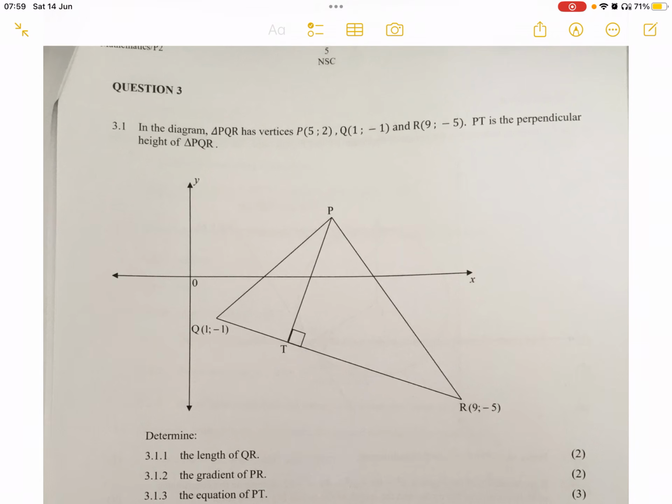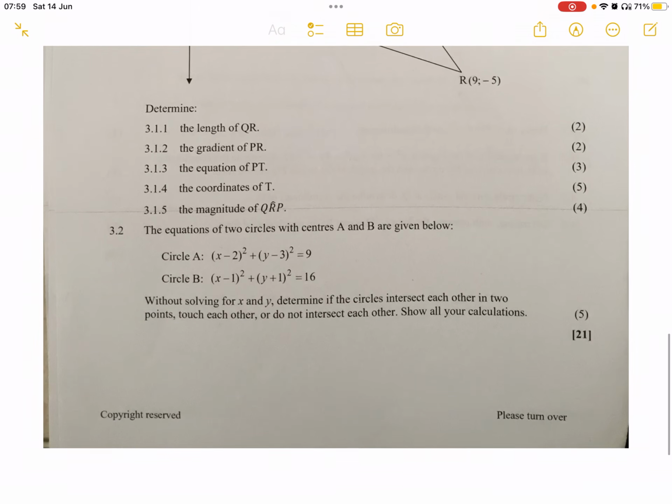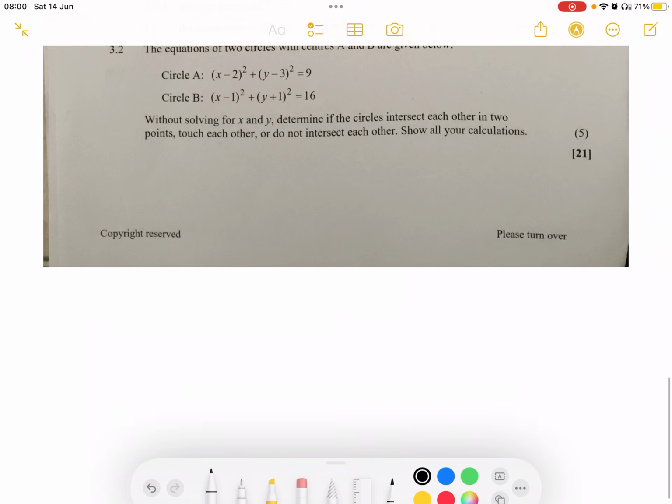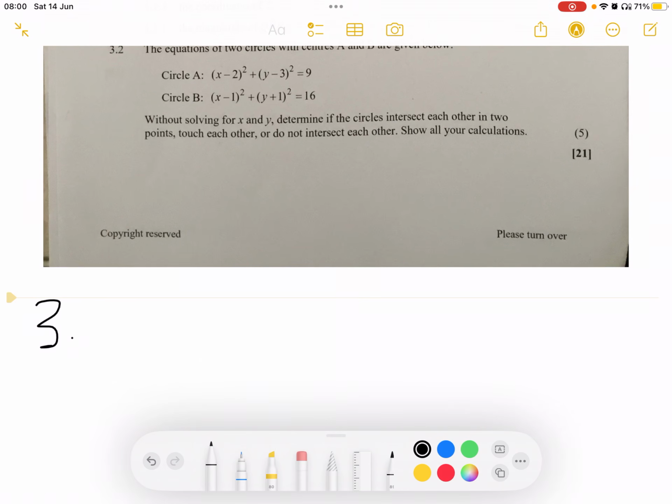The first question that was asked is determine the length of QR, which is 2 marks. That's 3.1.1. Now that's the QR length. Do we have the coordinates of Q? Yes. Do we have the coordinates of R? Yes.